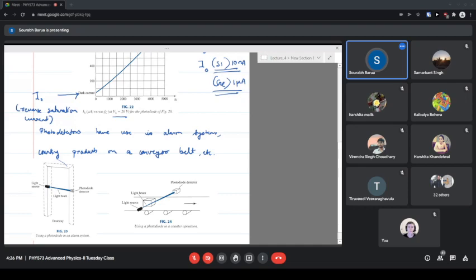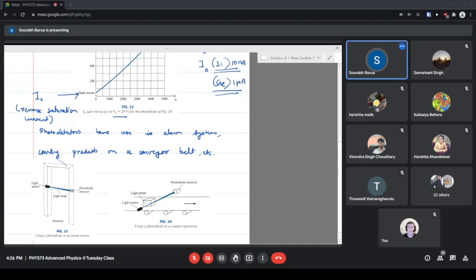In this depletion region, you know that there are space charges but no free electrons and holes, and there is an electric field. The electric field is confined between the boundaries of the depletion region.